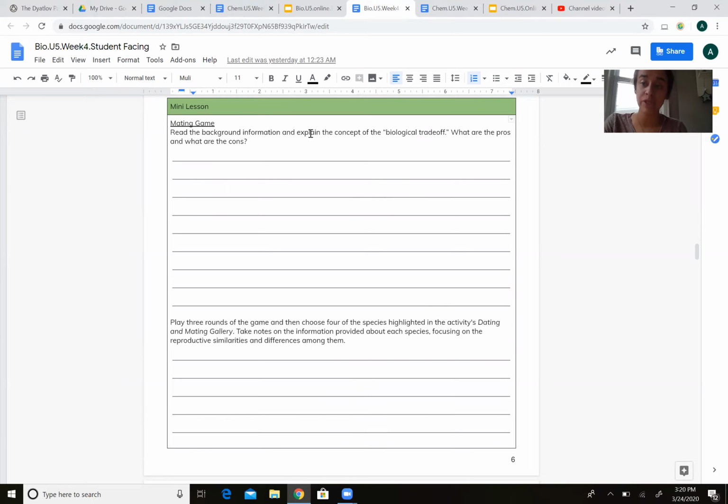The background information is just a short page, and it talks about a biological trade-off. So what are the pros and cons? A trade-off means you have to give up some stuff in order to get something. You're sacrificing in order to gain.